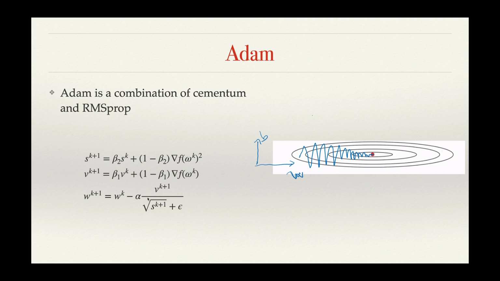Then, instead of dividing the gradient by the standard deviation, we take the mean over the standard deviation, and this is the signal that we use to update. Adam is a really common technique.